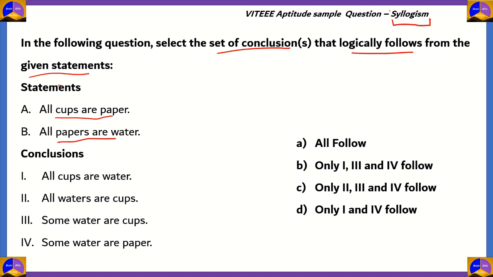So a good way to answer questions of syllogism is to use the Venn diagram. We will use the Venn diagram in order to categorize our statements.